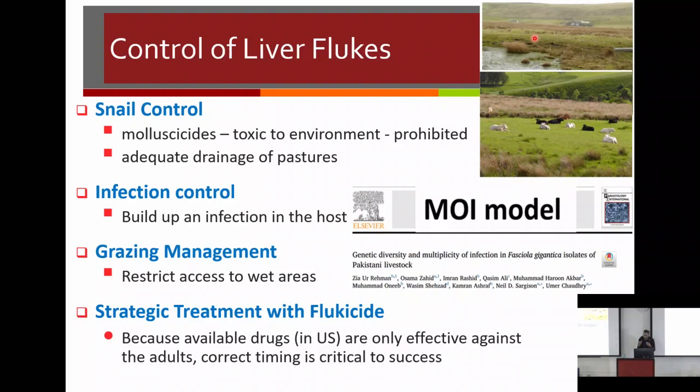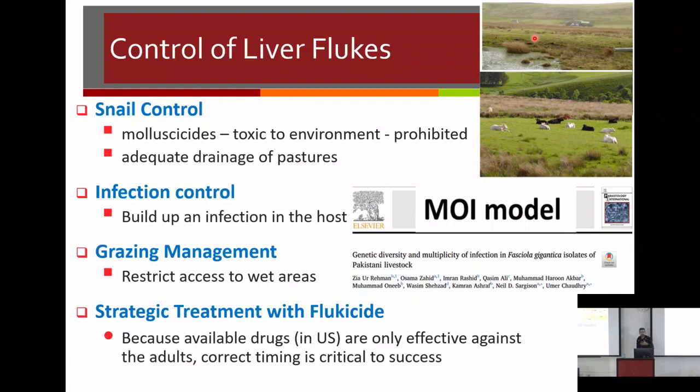In infection control, before that you need to know how this infection builds up in the host, and how many times the infection builds up in the year. This is what we have proposed, a multiplicity based genetic modeling. We did this modeling to understand how many times in the year the infection builds up within the host.